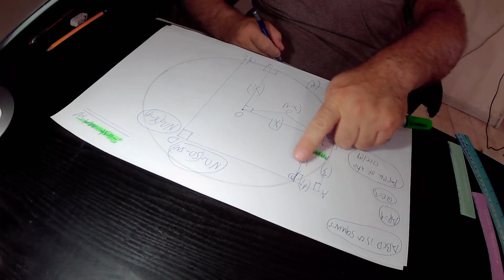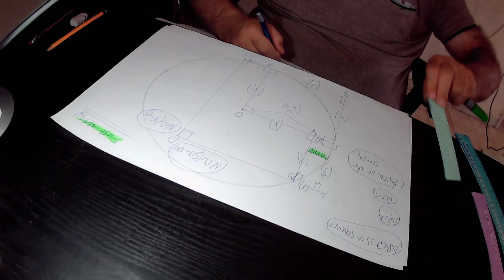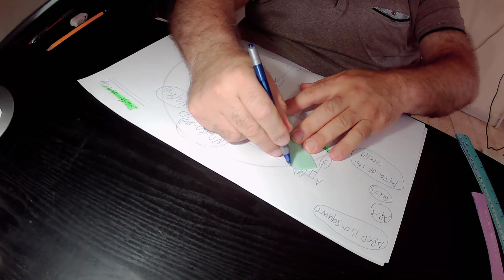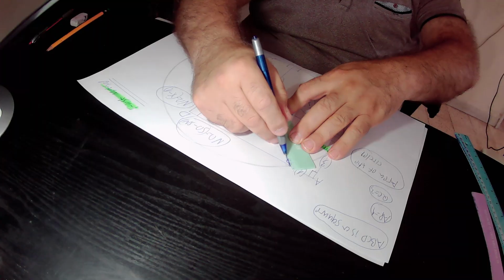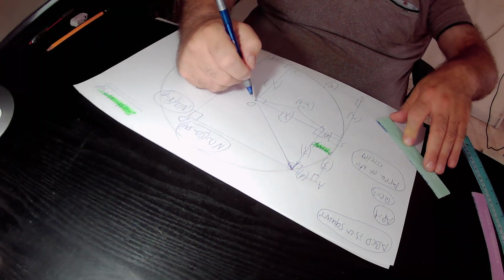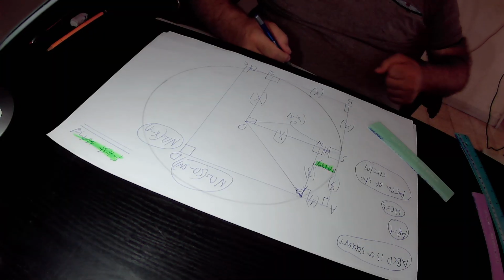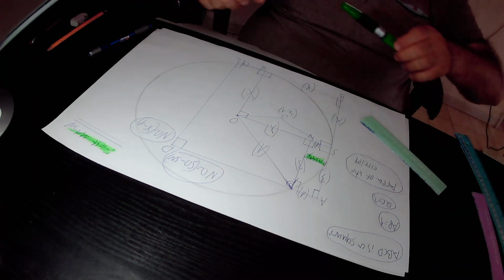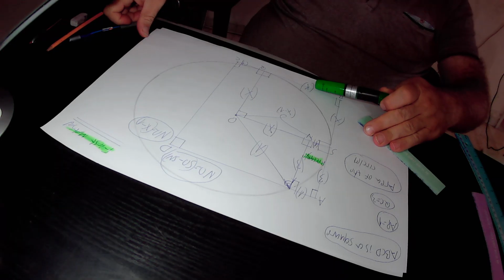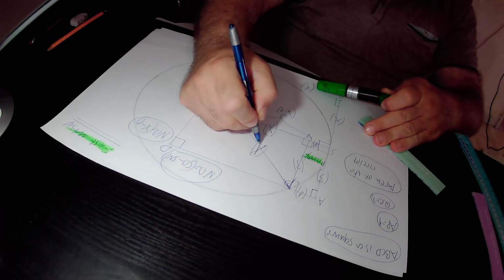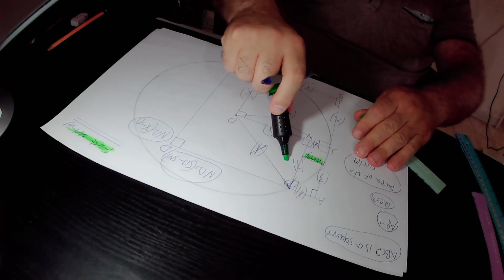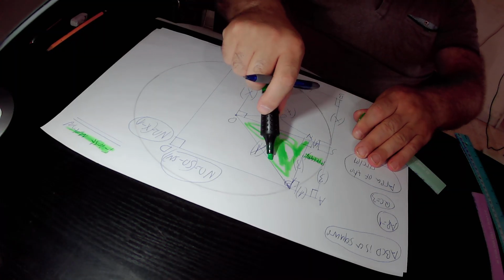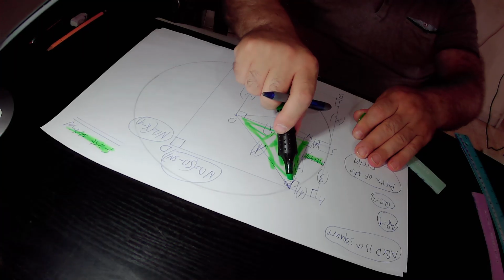In the next step, we join points P and O together by a straight line. Line segment PO is of course the radius of this circle, which is equal to X. In the next step, I'll copy this right green triangle PNO in a new page, and we'll apply the Pythagoras theorem on this right triangle.